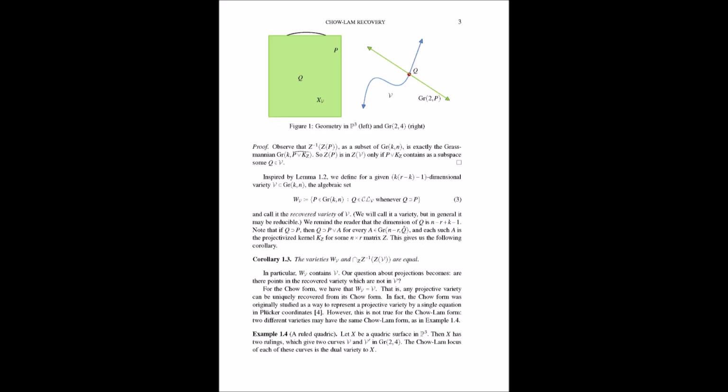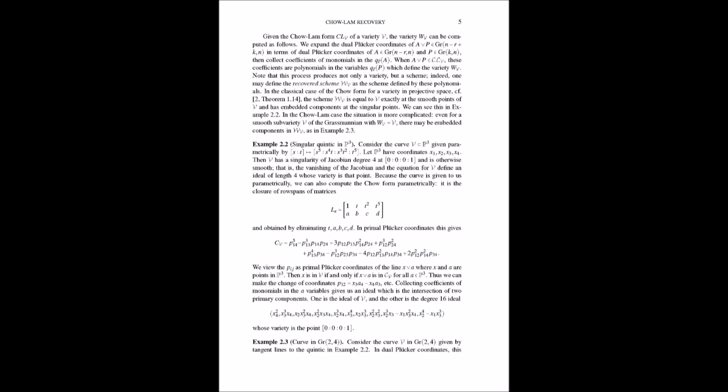Lemma 1.2 says that a subspace P is in the pre-image of Z(V) if and only if the join of P with K_Z, the kernel of the matrix Z transpose, contains a point from the original variety V. So we connect P to this special subspace K_Z and see if that connection intersects V. If it does, then P is part of the pre-image of Z(V). Exactly. It's a nice way to visualize what's going on with these projections.